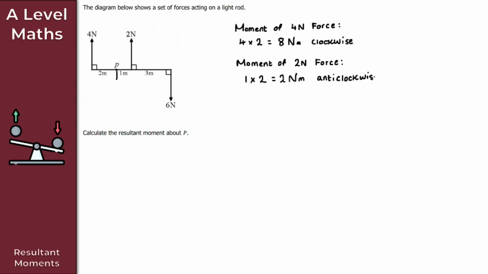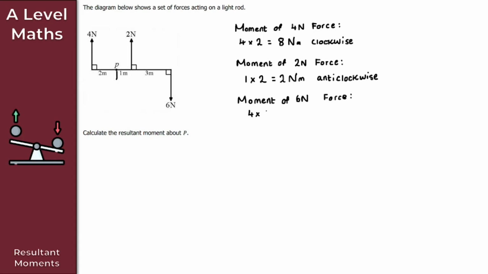Finally, let's find the moment of the 6 Newton force. Again, nice and straightforward. This is simply the product of the perpendicular distance, which in this case is 4, since 1 plus 3 is 4, times the magnitude of the force, which is 6.